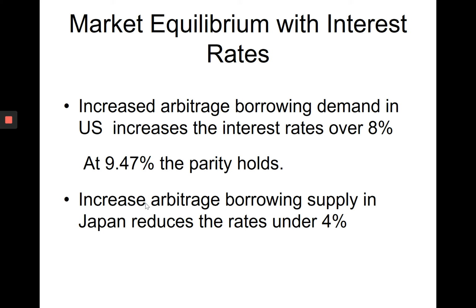As multinational companies do this, more funds become available as capital in Japan, and the interest rates would go under 4%. We did this exercise before. If instead of 4% in that previous equation, we put x and we keep all the three numbers as they were, well, actually two numbers, then we would get 2.6 for that x.